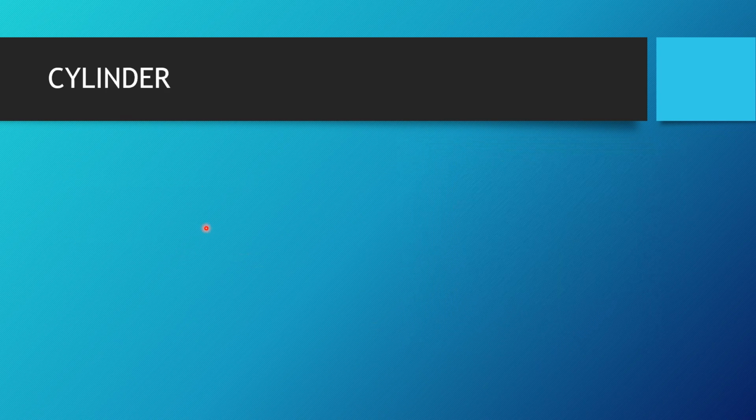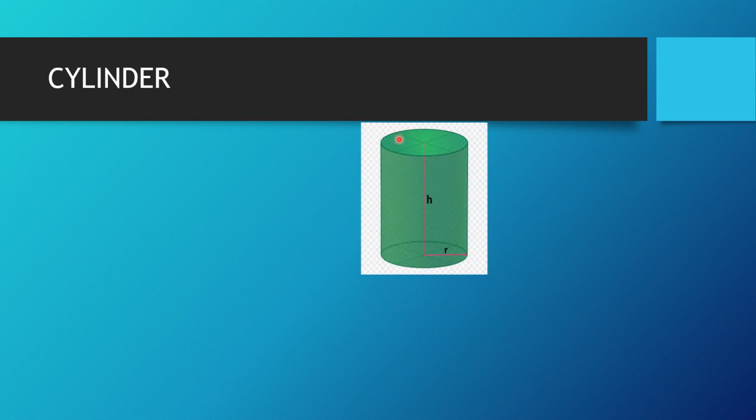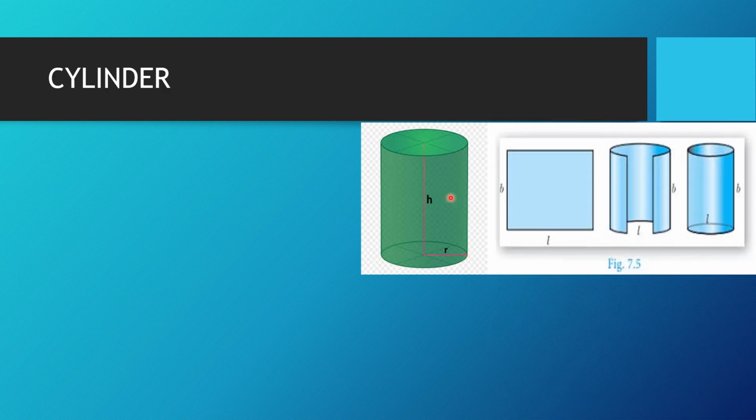Cylinder. If I talk about a cylinder, it is a stack of circular rings. The height is H and the radius of the base is R. If I open the cylinder, I get a rectangle. Or if I roll a rectangle, I'll get a cylinder.